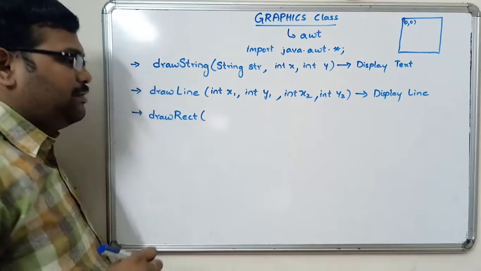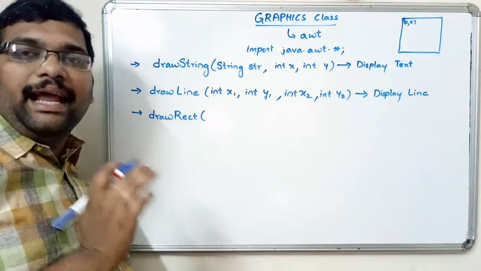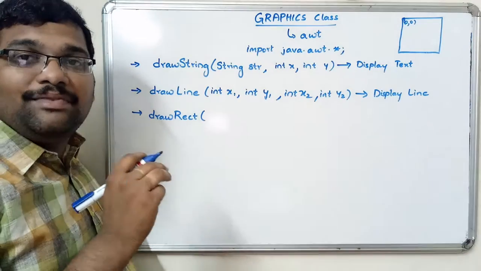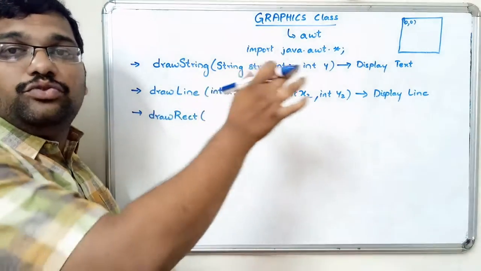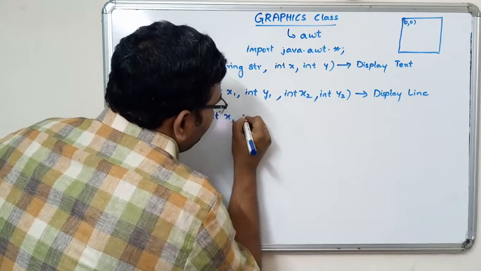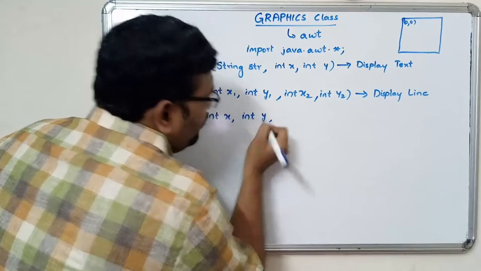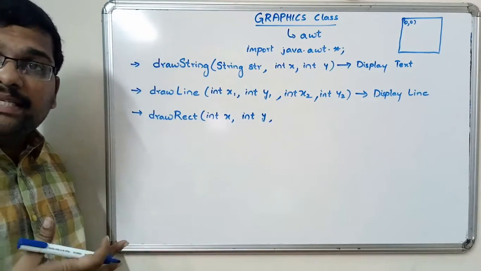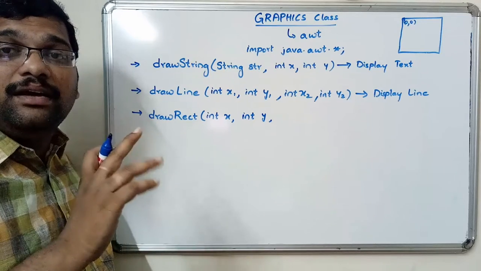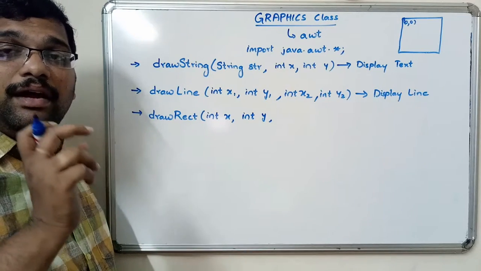Next, drawRect. Rect means rectangle. Here also first we have to mention the x and y coordinates where this rectangle should be displayed. So first the coordinates int x, int y. Next, the width and height should be specified: how much width the rectangle should have and how much height.